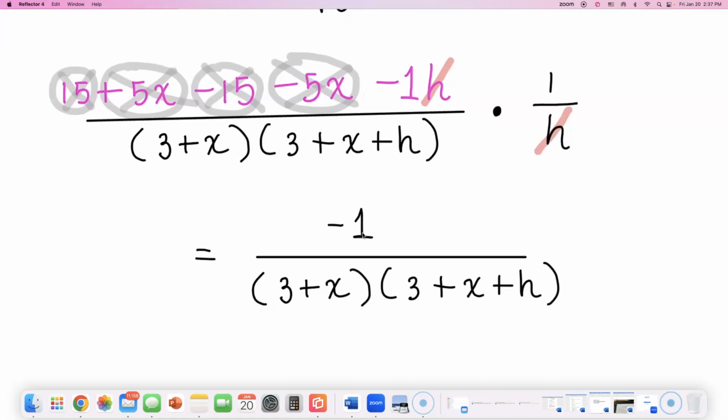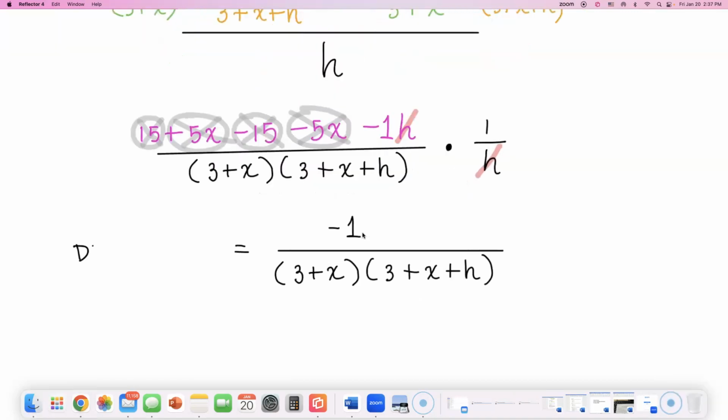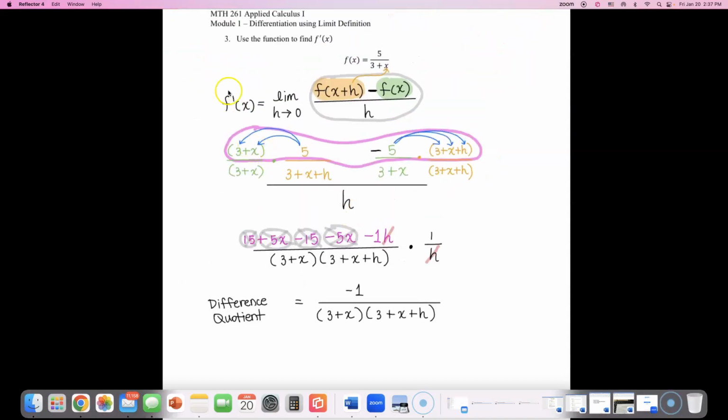All right, you think we are done? We are really almost done. We did the hardest part so far. So this is the difference quotient. This is the simplified difference quotient. Now, what we need to do is this outside part, okay? We found what this gray circled part is.